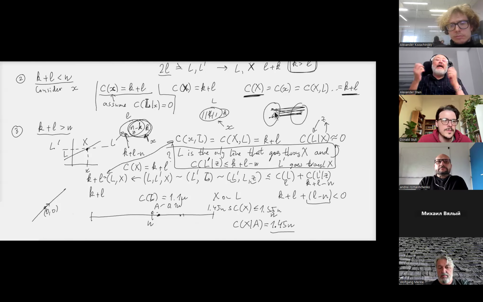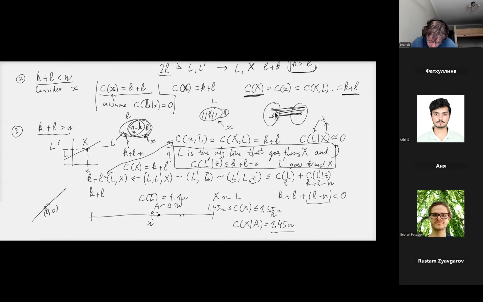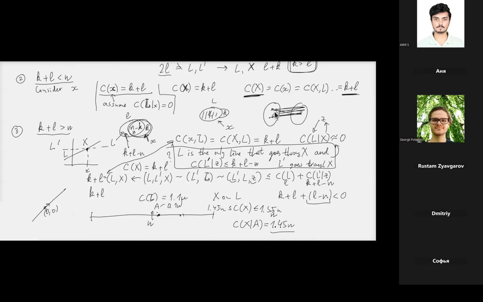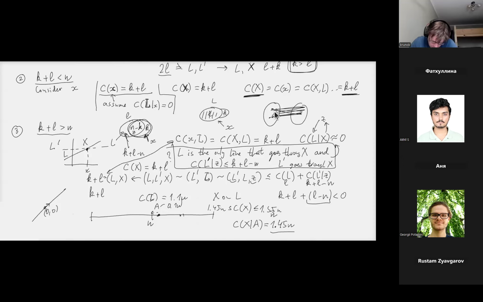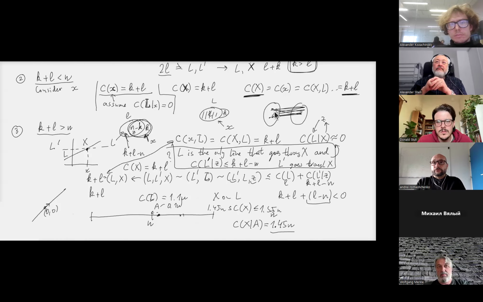So if the answer is positive, it's quite strange. We have an edge transitive graph, but still some vertices have different properties. It's very hard to believe how it's possible. But actually, in this talk, you discussed pairs, a line and a point, where the complexity of each of these objects is not maximal.